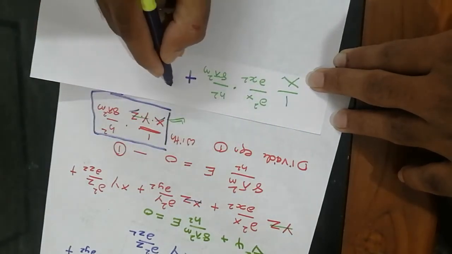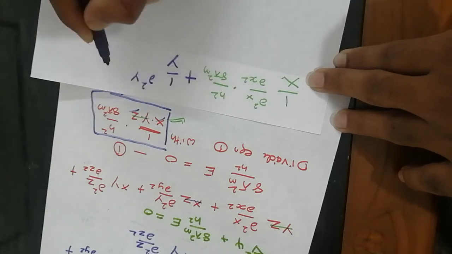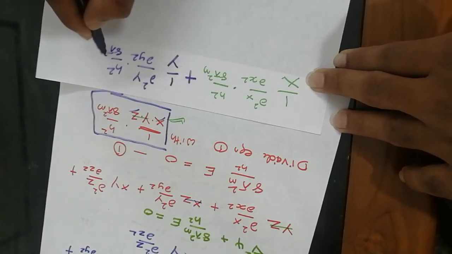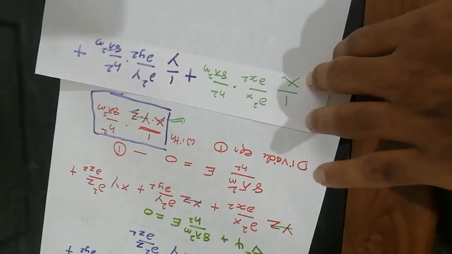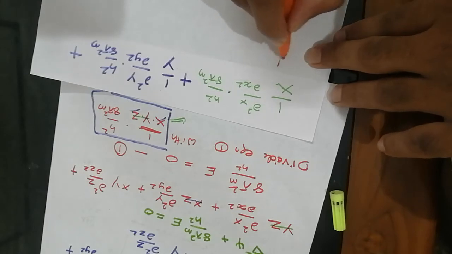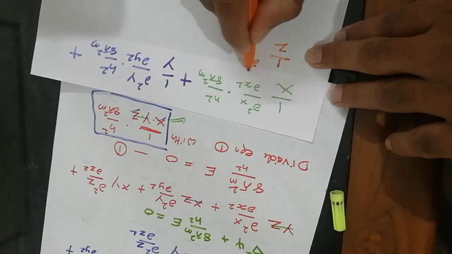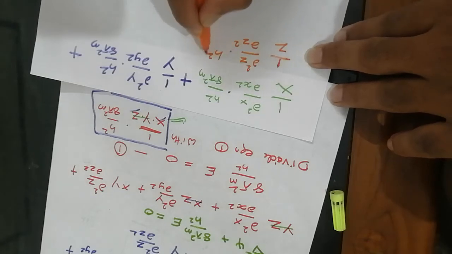Therefore, what is remaining? 1 by y, dou square y by dou y square h square 8 pi square plus. Now this is simple. 1 by z dou square z by dou z square h square 8 pi square m.